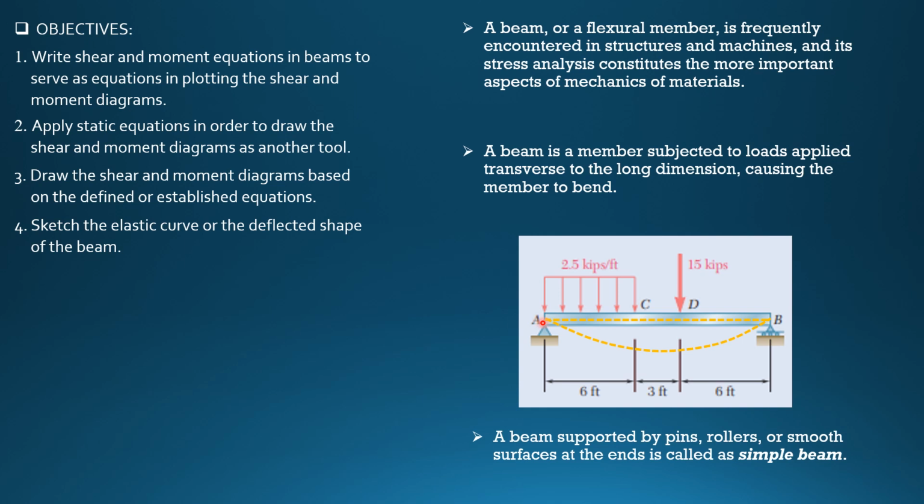Even if there is this horizontal reaction, it will be considered as an axial load, and in the preparation of shear moment diagrams, axial loads are not important. Only the shear and bending moment diagrams will be important here.